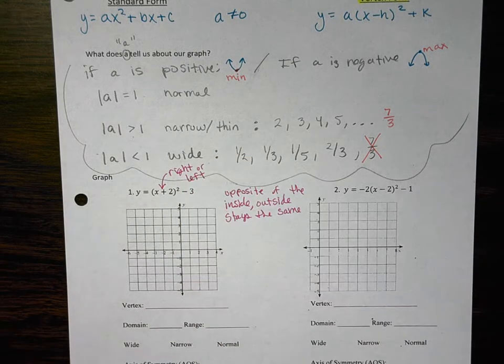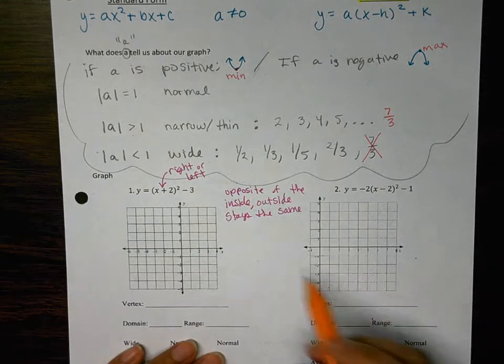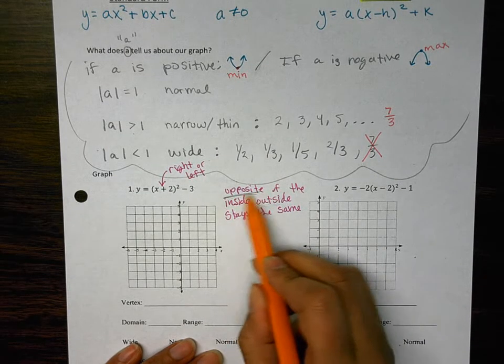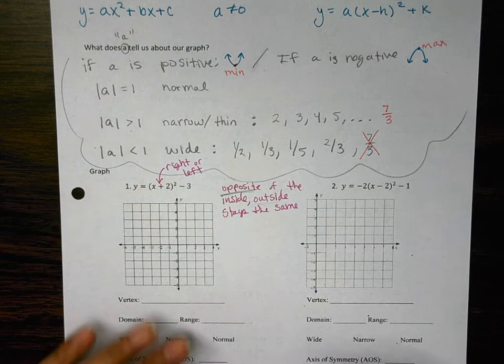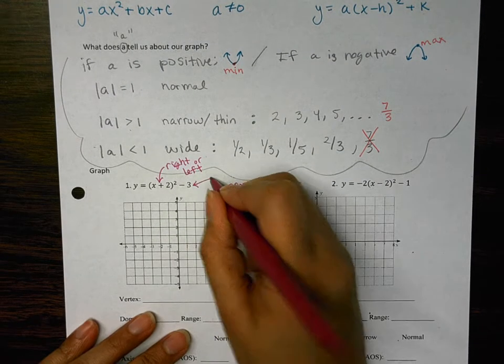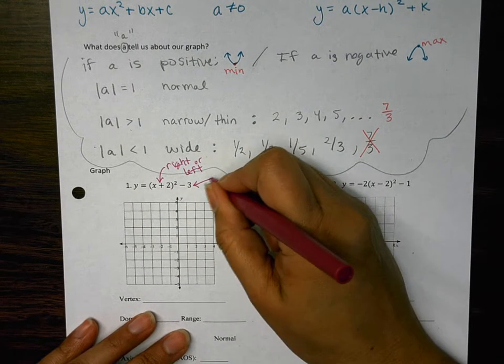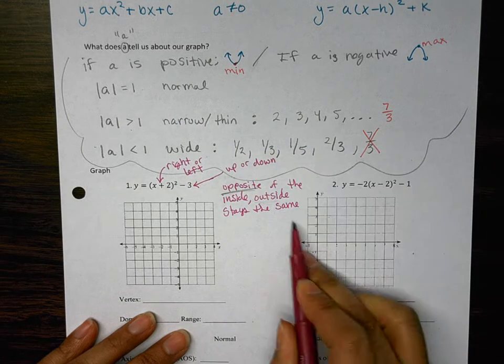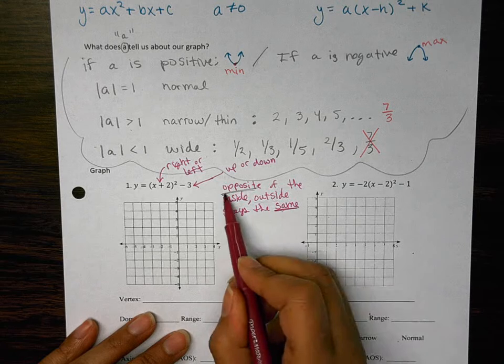It's always going to move right or left. And what did we say about the inside? It is what? Opposite. Okay. So then the outside number, whatever's on the outside, is always going to be up or down translation. And that one's always going to be the same.